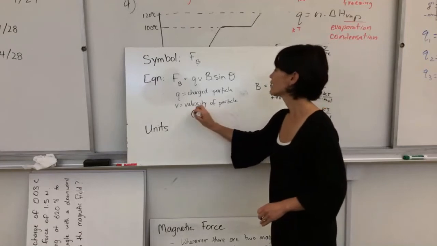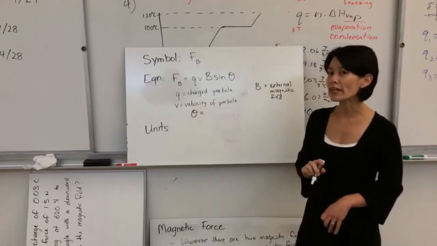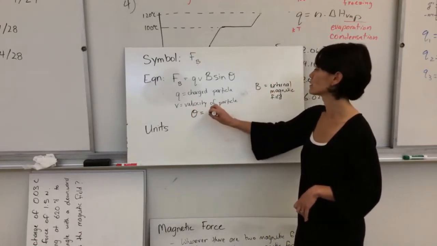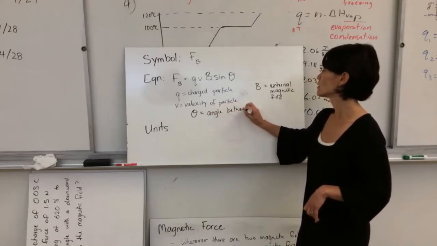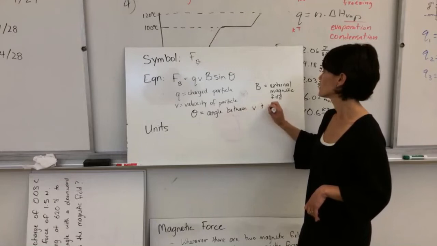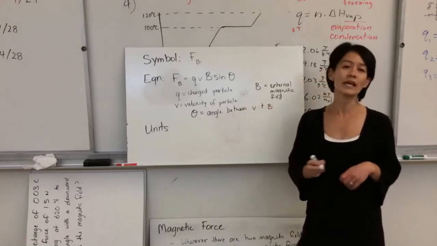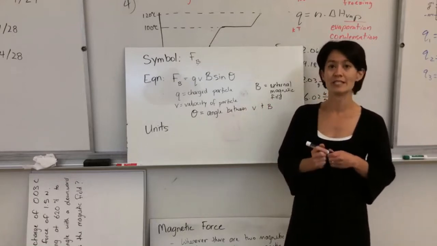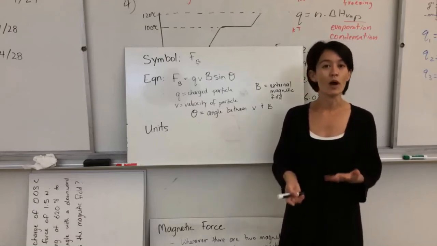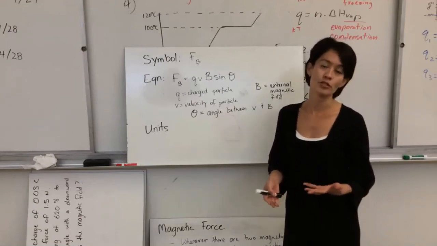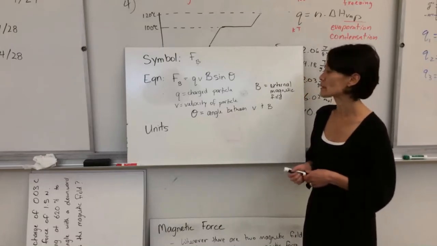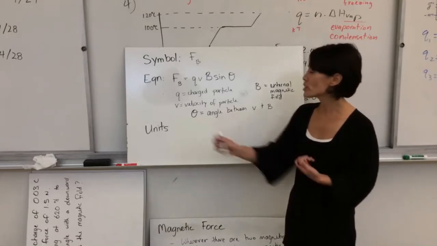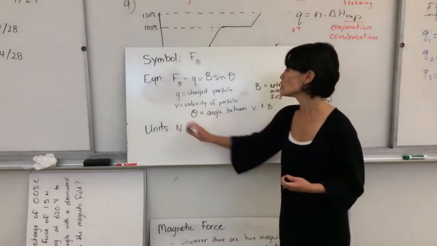Theta is the angle between the velocity and the magnetic field. In most cases, that angle is going to be 90 degrees because sine of 90 is equal to 1, and that maximizes our magnetic force. There'll be a few cases where the angle will be different, and it'll be pretty obvious what that angle is. It's a force, so the units are going to be newtons.